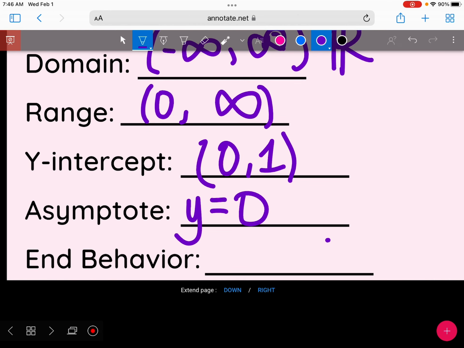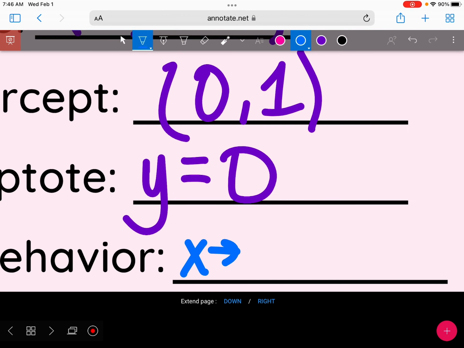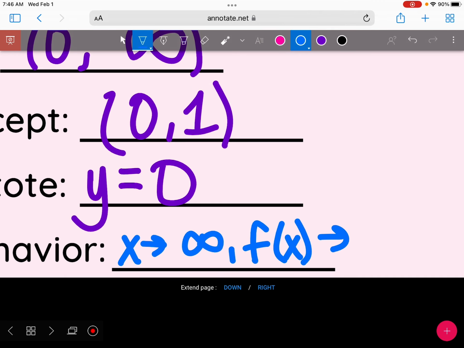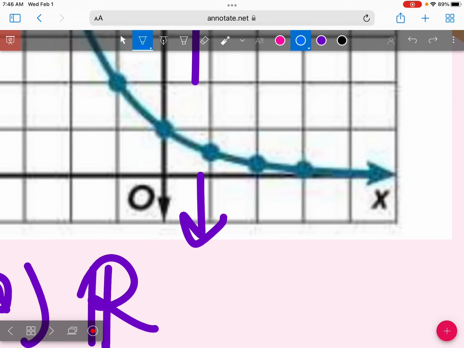Okay? And then end behavior, just to touch on it. As x approaches infinity, which means we're going this way, towards positive infinity with our x's, where is y approaching?